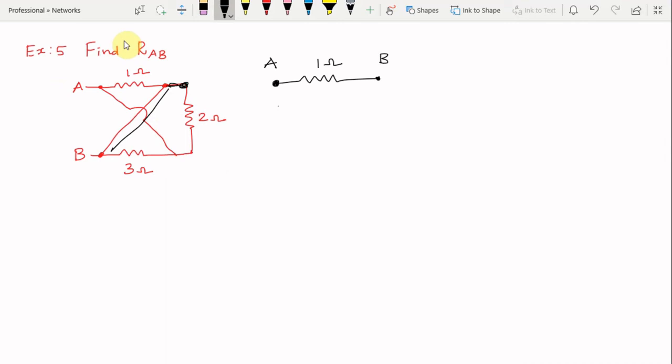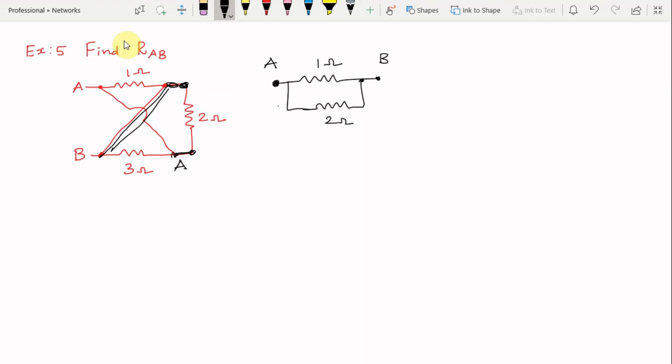One end of the 2 ohms is connected to the terminal B. So I am drawing a 2 ohm resistor here connected across B. This is the 2 ohm resistor. The other end is connected to the point A.